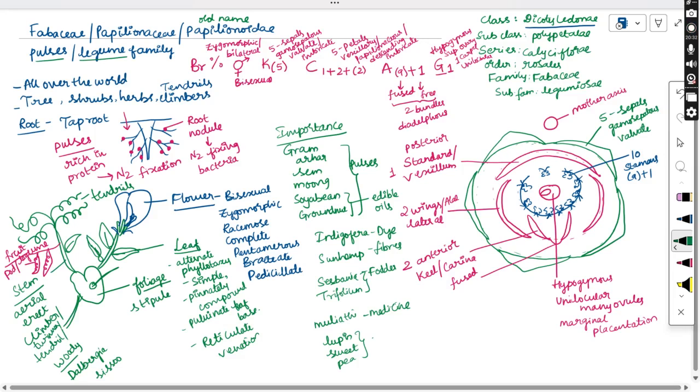So all these two will be ornamental. So the economic importance includes the pulses, that is food, dye, edible oils, fibers, fodder, medicinal, and the ornamental plants. So here the description we gave is the general garden pea. The scientific name of garden pea is Pisum sativum, belonging to the same family. So this is all about the Fabaceae family, floral diagram, the plant characters, and the floral formula.